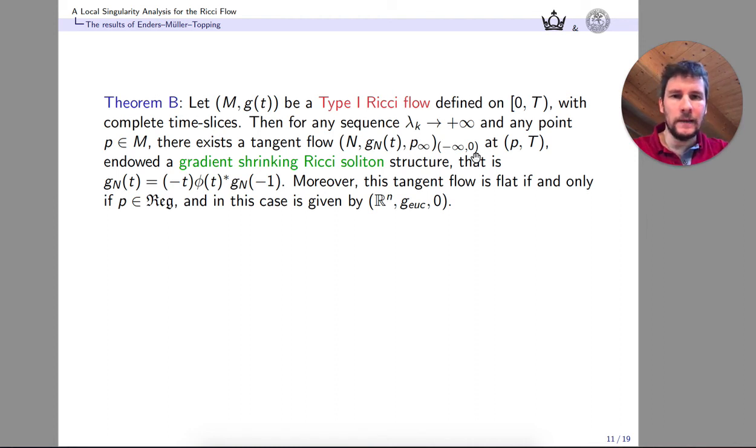So what does that mean? That means it evolves self-similarly under the Ricci flow. So the only thing that happened to it is it scales with a factor minus t, and it might also move in a direction of a diffeomorphism.